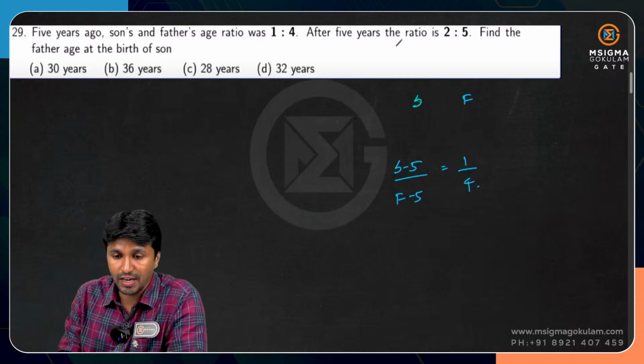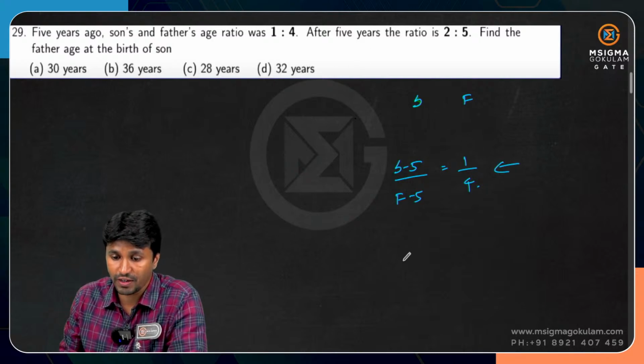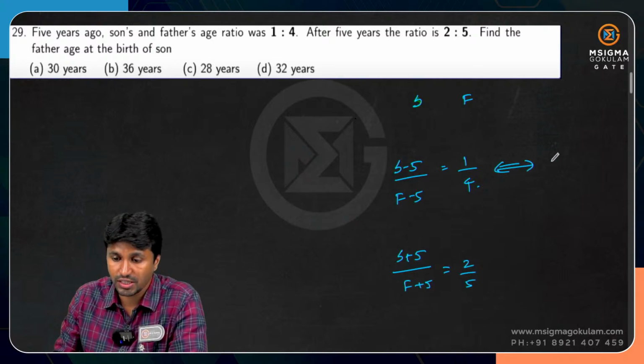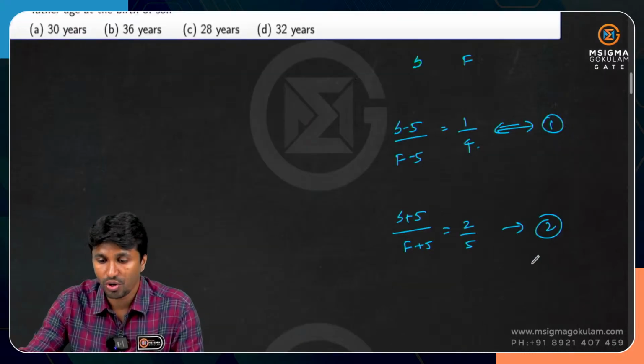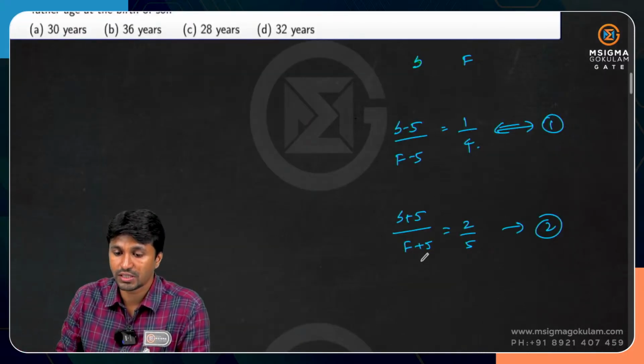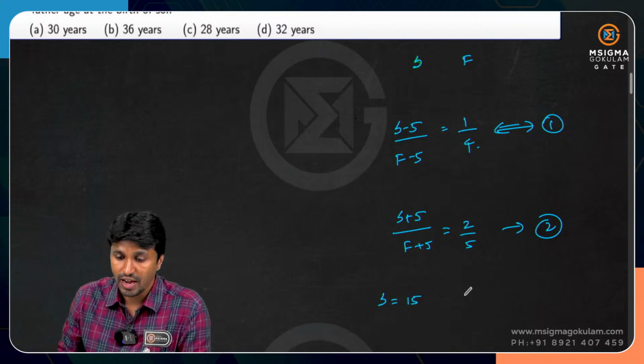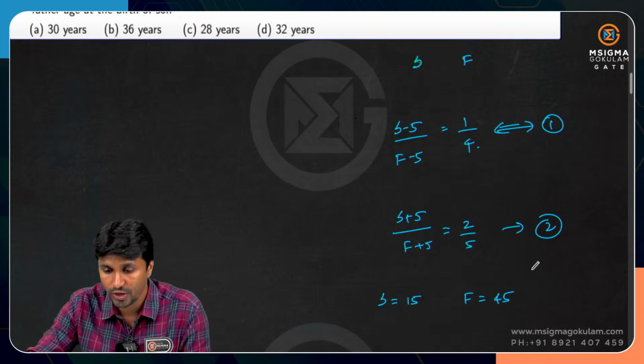And similarly, this is five years ago, and after 5 years, (S plus 5) divided by (F plus 5) is equal to 2/5. So this is equation number 1 and this is equation number 2. When you solve these two equations, two equations and two unknowns, the son's age will come out as 15 and the father's age will come out as 45 years.